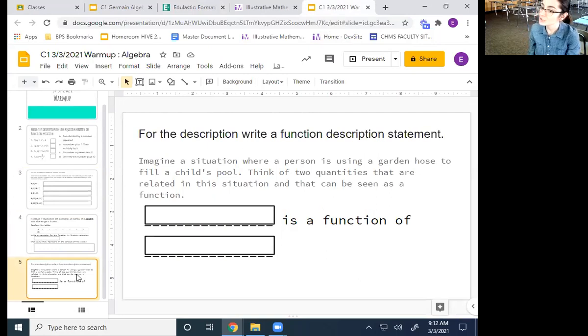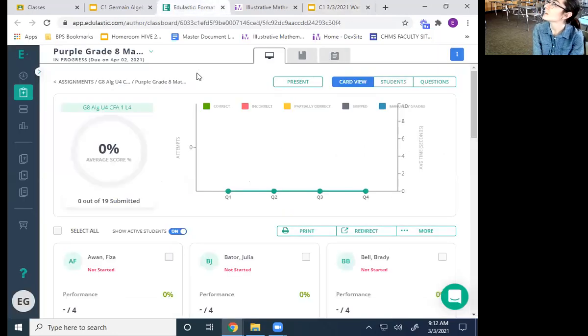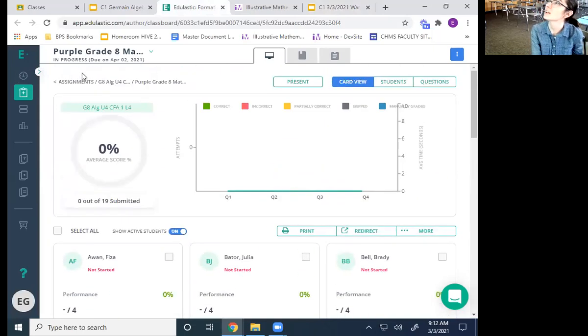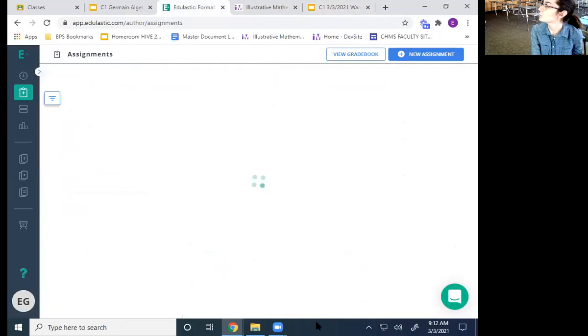I would say it really shouldn't take you more than 10 minutes, but like no more than 15 minutes. So you're completing that Edge Elastic. If you did it yesterday, I pushed it back out because I didn't want you to complete it before we finished the lesson.